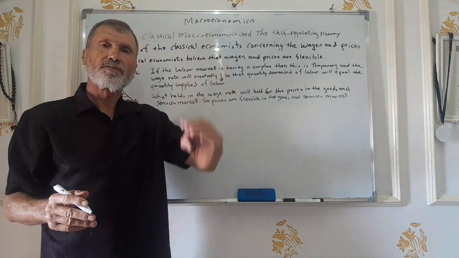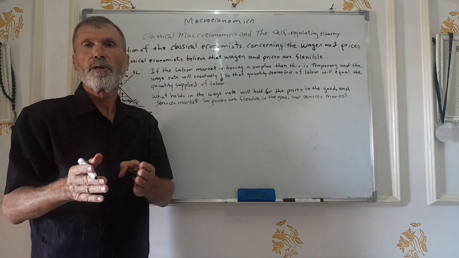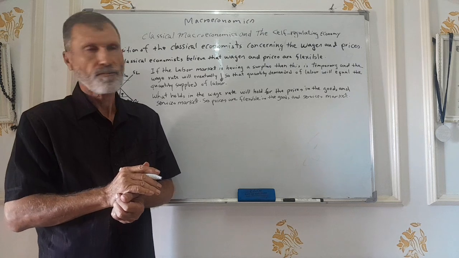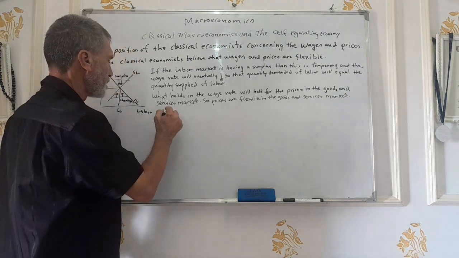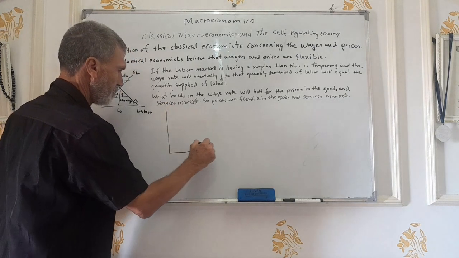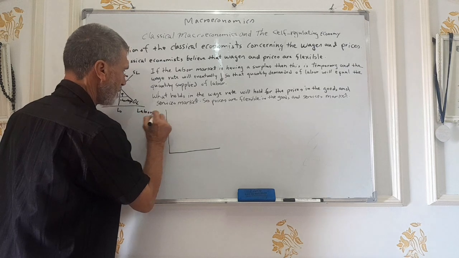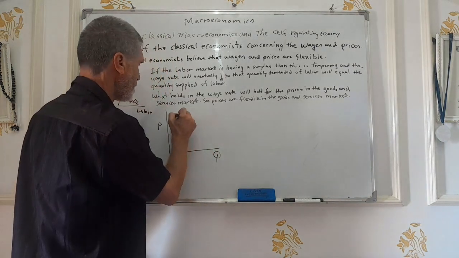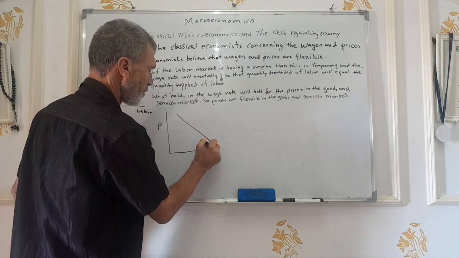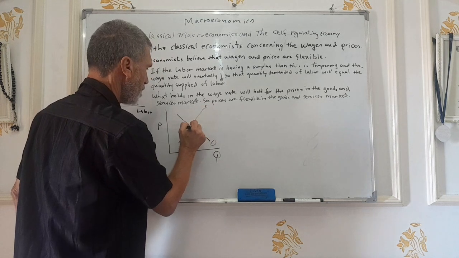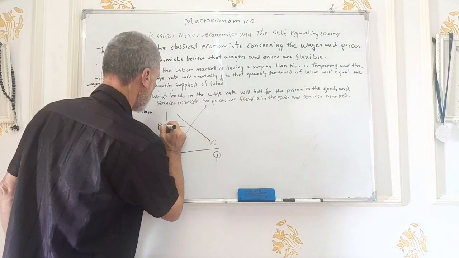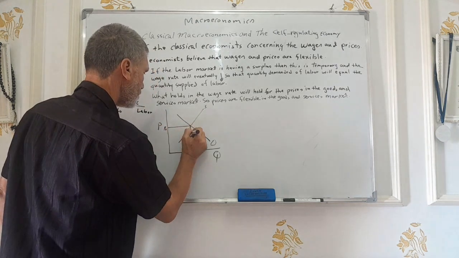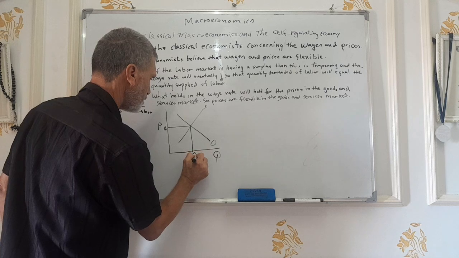Prices will rise and fall in response to shortages and surpluses. So for instance, as you can see, this is the price level here, and over here, quantity. This is the demand, and this is the supply, and this is the equilibrium price P0 and here Q0.